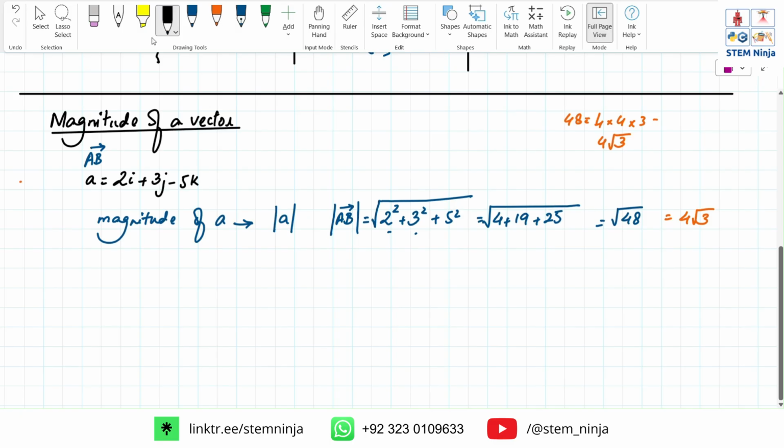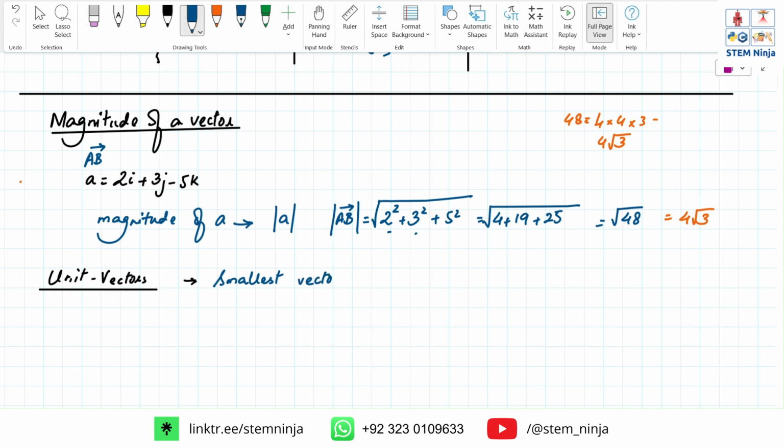Now that we know the magnitude of a vector, we can revisit what unit vectors were. So unit vectors, like i, j, k, are the smallest vectors in a given direction.